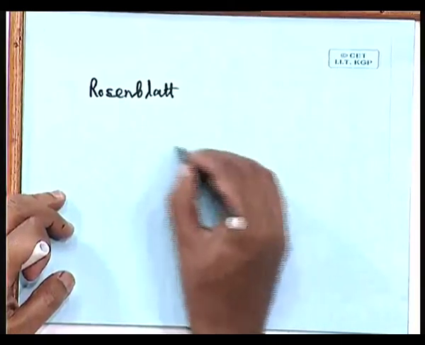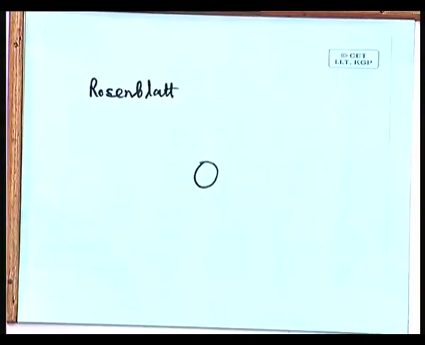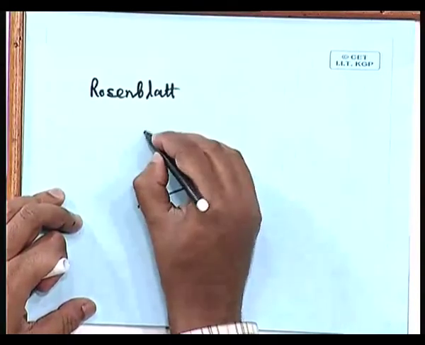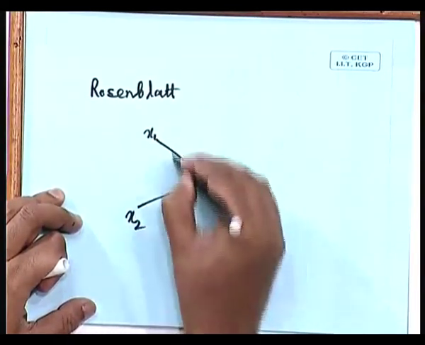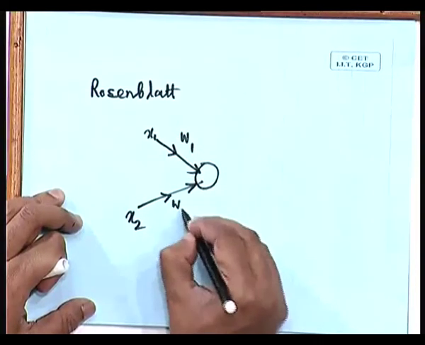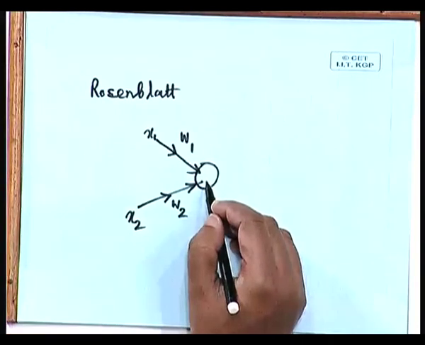Now, a perceptron in its simplest form would look like this. Let us say again a two input perceptron. Let us say that we have got input as x1, x2, the synaptic weights as W1 and W2, because we are considering only one neuron.